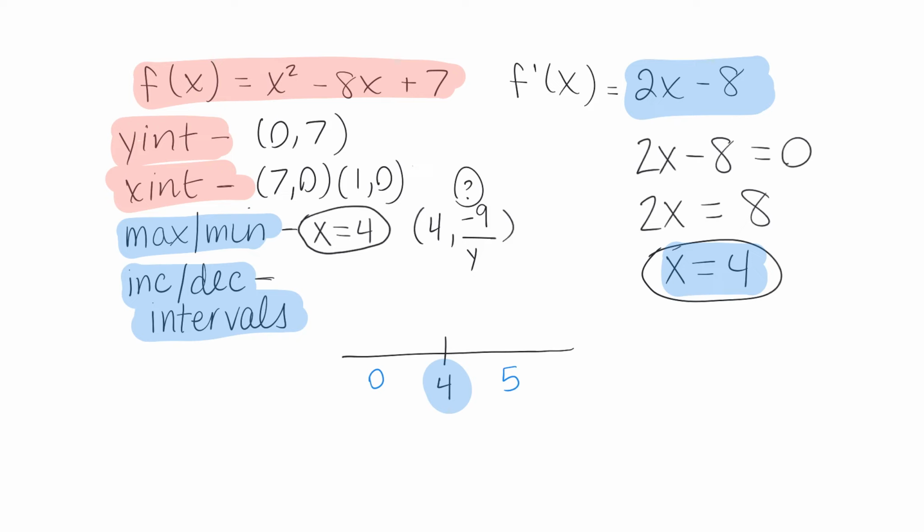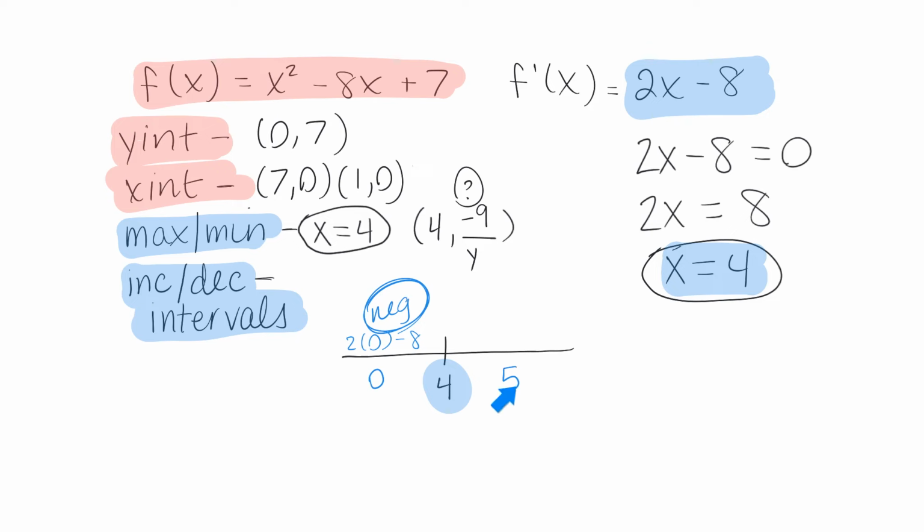So if I plug in 0 to my derivative, I'm going to have 2 times 0 minus 8, which is negative 8. So this is a negative number. I don't actually even care what the number is. I just care that it's negative.